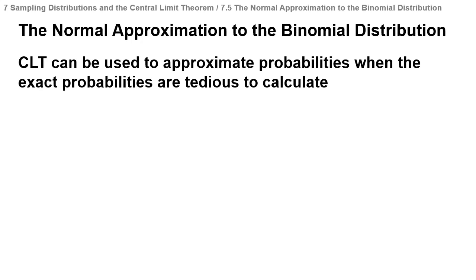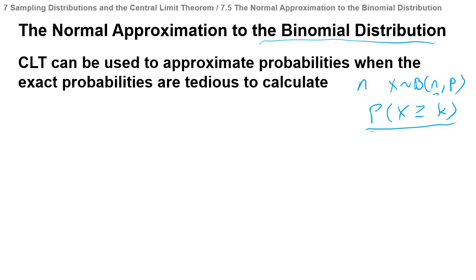If a random variable x follows the binomial distribution with parameters n and p, and n is very large, then calculating probabilities related to x, even if we know the exact binomial distribution, is sometimes very time consuming.